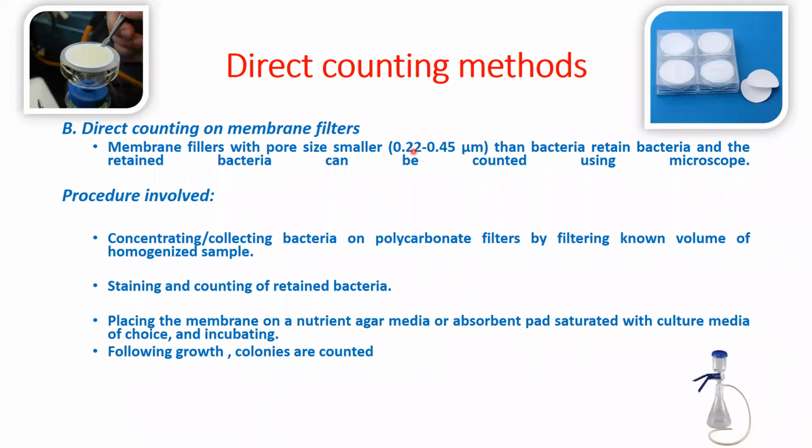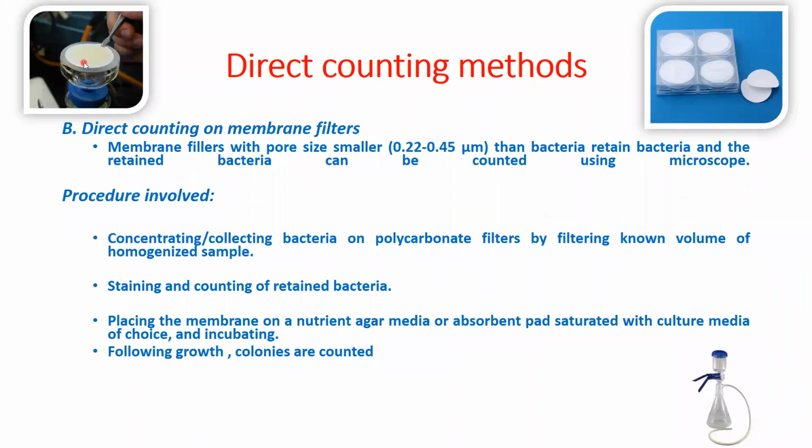So microbes larger than this size will be retained as such on the filter paper. Here we are concentrating and collecting the bacteria on the membrane filter, which is made of polycarbonate.